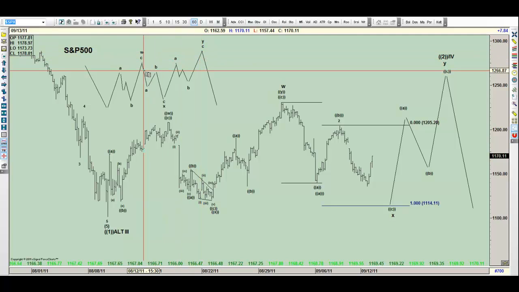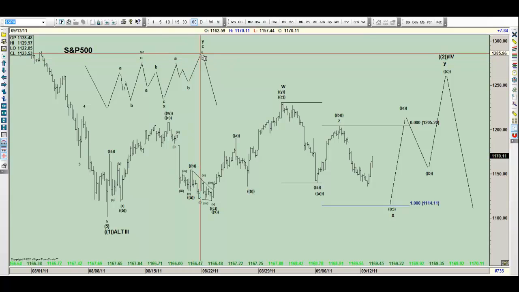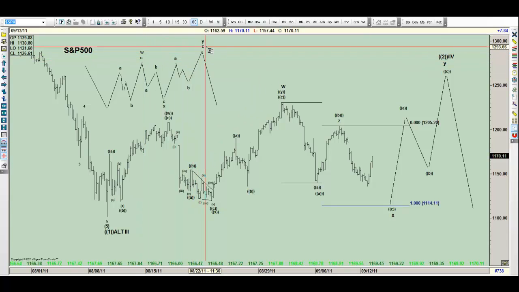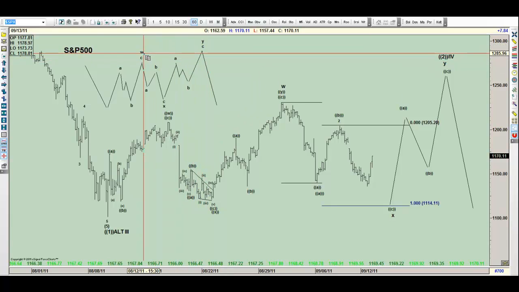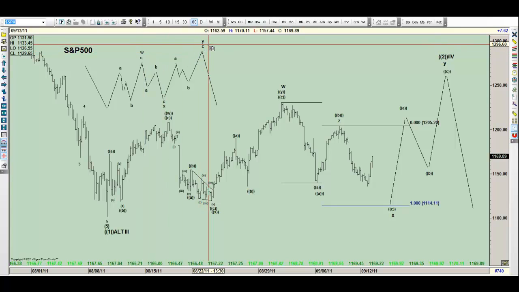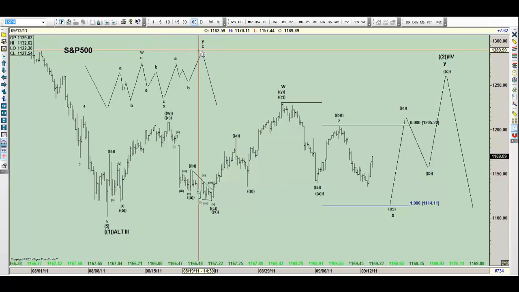Same scenario. It needs to be either equal to W, 1.236 of W, or 1.618 of W.